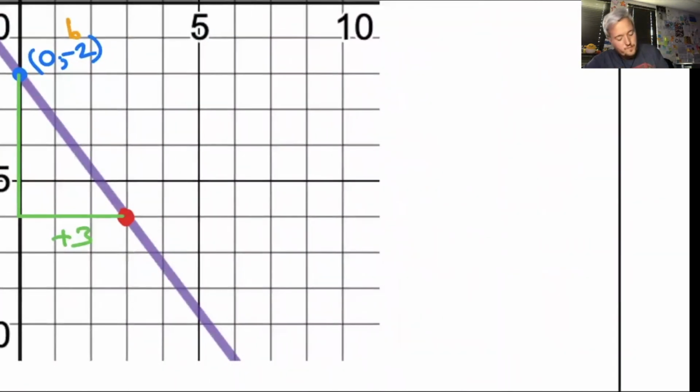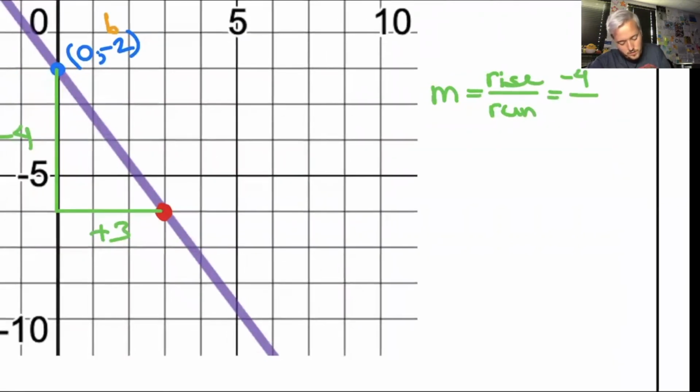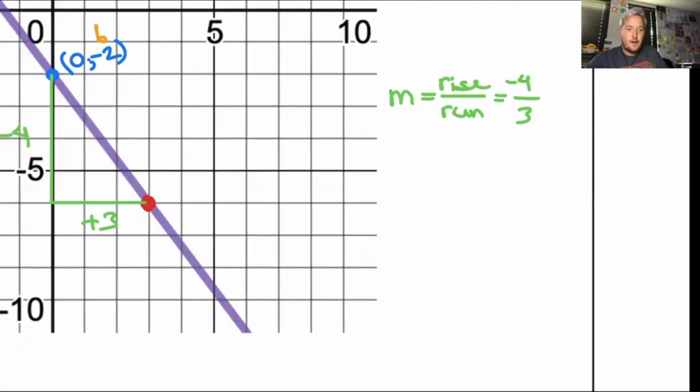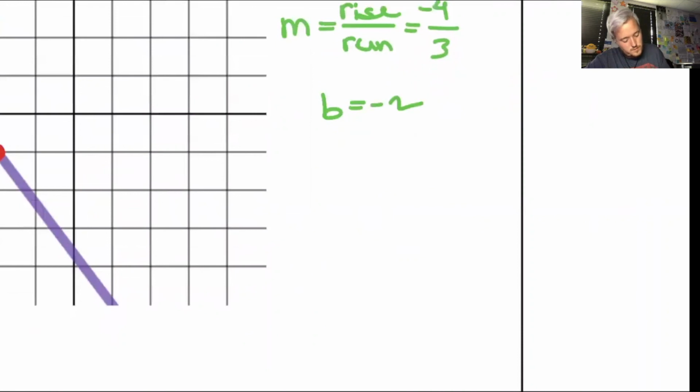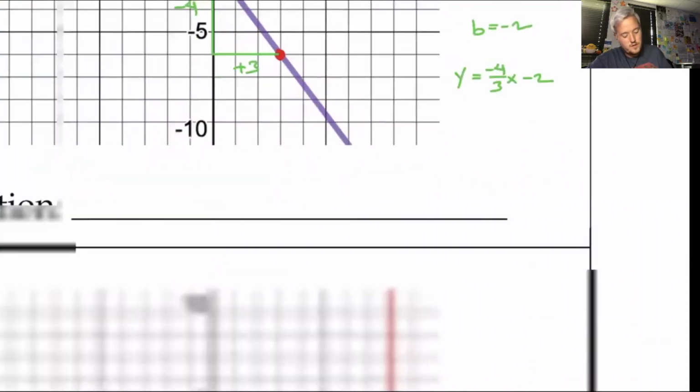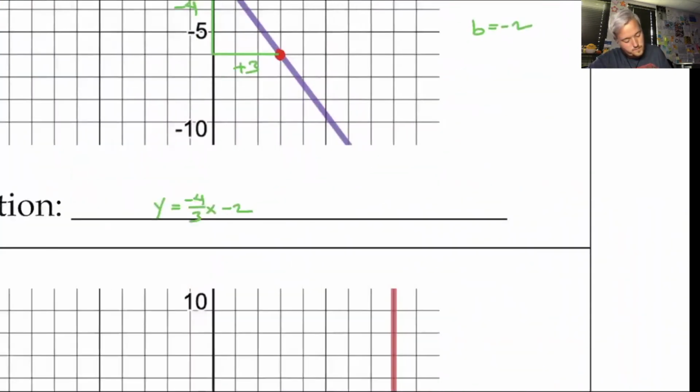So my slope is going to be -4 over 3. Remember, it's negative because we're going down. Then your b value, which is -2. Combining that, I have y equals -4/3 x minus 2. So that's your equation.